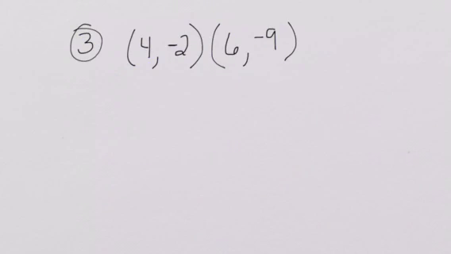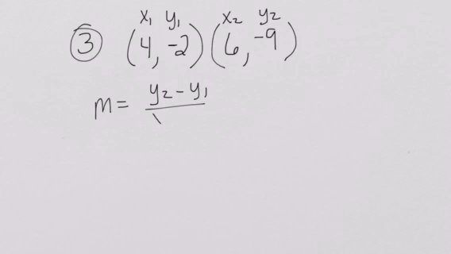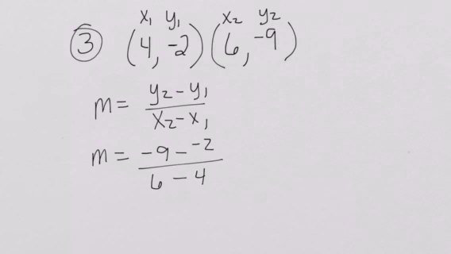Okay, let's go ahead and label our next set of ordered pairs. x1, y1, x2, y2. M is equal to y2 minus y1 over x2 minus x1. M is equal to negative 9 minus negative 2 and 6 minus 4.